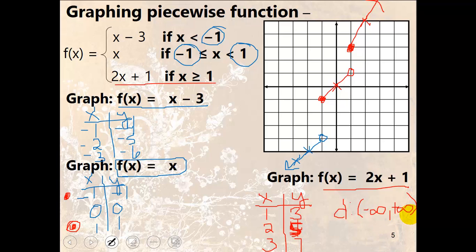All right, so my range is going to go from negative infinity to negative 4, union, then it's going to go from negative 1 inclusive to 1 exclusive, and then union, and then it's going to go from 3 inclusive to positive infinity. And I can go back over that domain in class tomorrow.